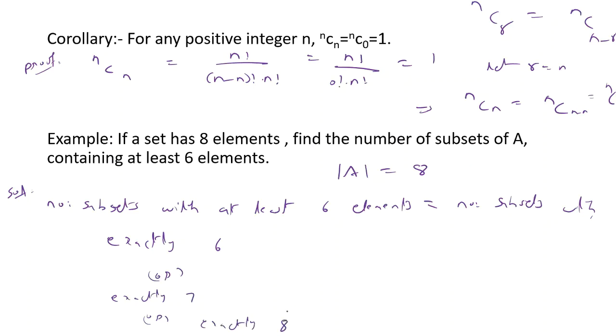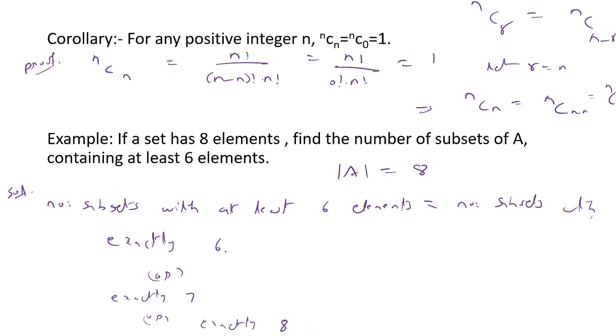I cannot go beyond 8 because the cardinality of A is 8. That means the number of elements in any subset of A is at most 8. I cannot have a subset containing 9 elements. So at least 6 means it can be either 6 or 7 or 8.